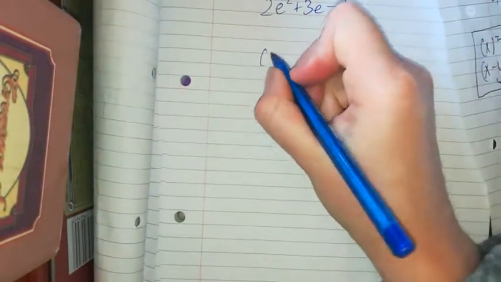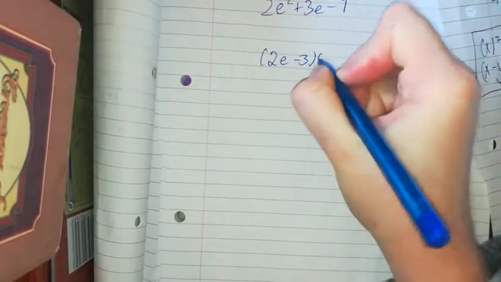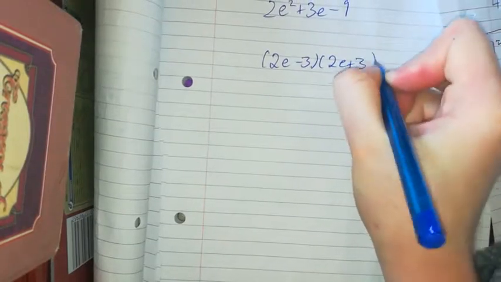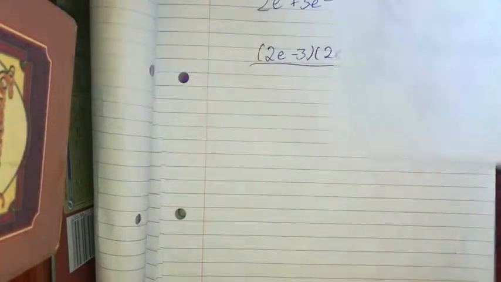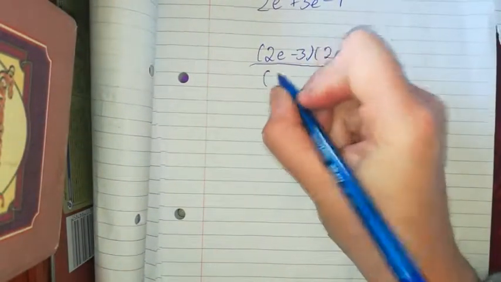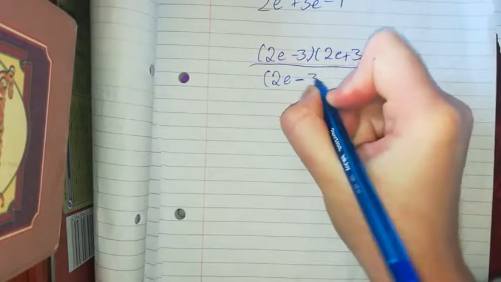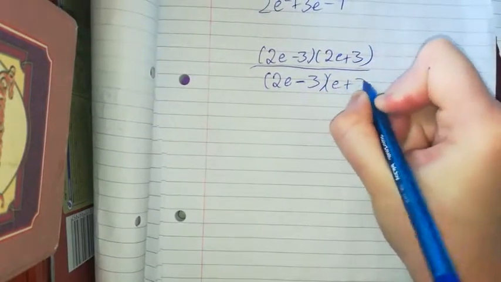So the first part was 2e minus 3, 2e plus 3. And when I factorized the second one, I got 2e minus 3, e plus 3.